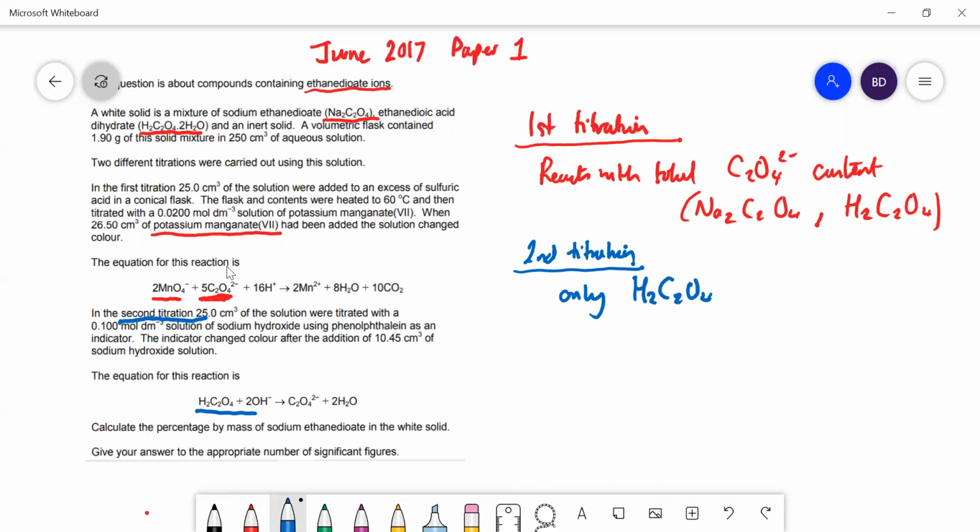So what you've got to do is find the percentage mass of how much of this solid was sodium ethane dioate. How are we going to find that?